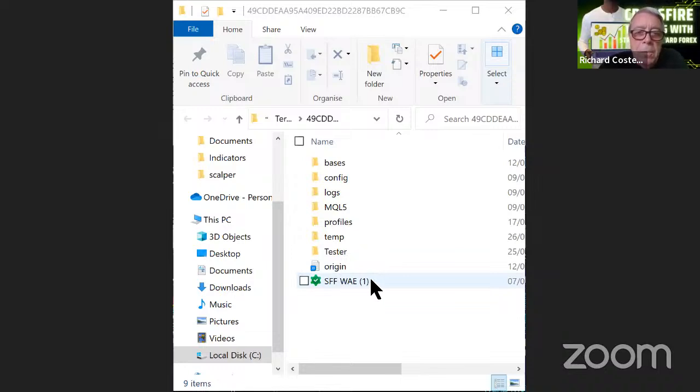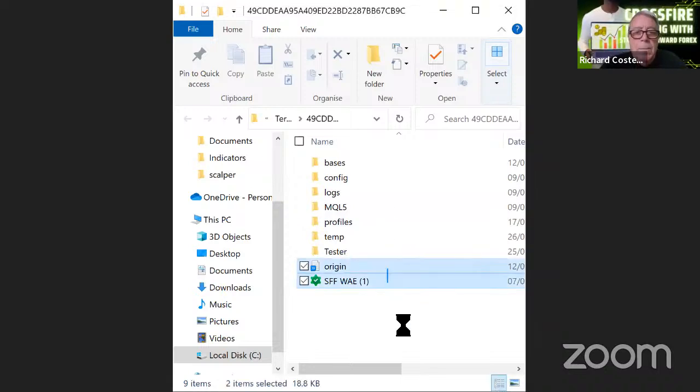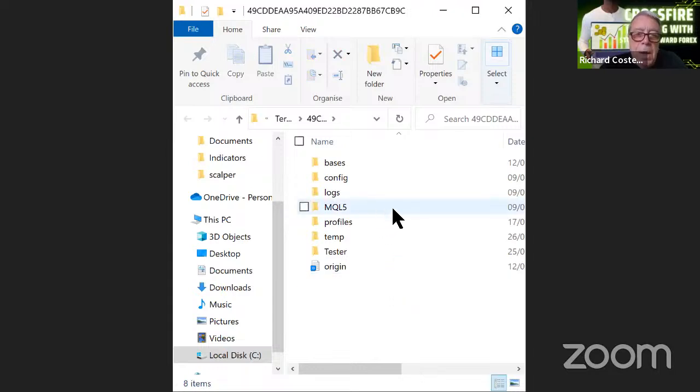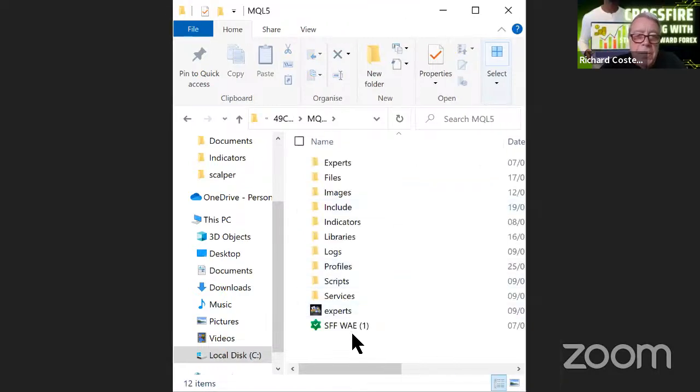I would have to move this into MQL. Everybody's computer is different, so it may not work like this on yours. But the way I do it is, I just drag that up to MQL, and then I open up my MQL, and I've got it there.